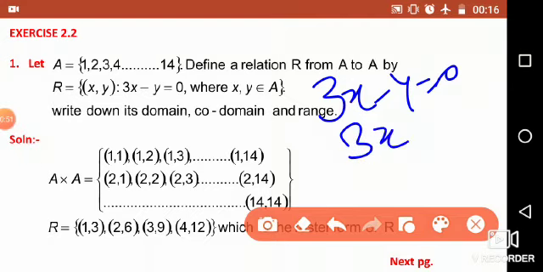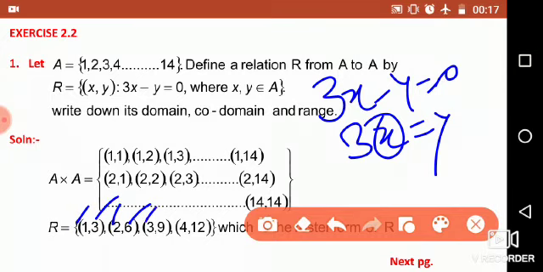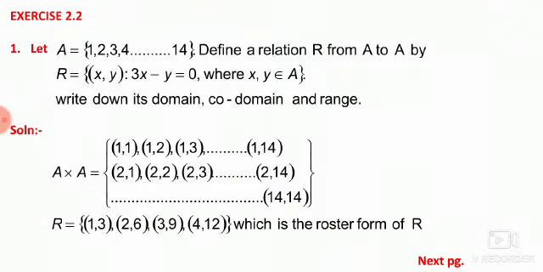Therefore 3x is equal to y. If x is 1, y is 3. If x is 2, y is 6. If x is 3, y is 9. If x is 4, y is 12. We can take the values of x up to 14, but its image is not there in the given set. Therefore, the elements in the relation are (1,3), (2,6), (3,9), (4,12), which is the roster form of the relation R.